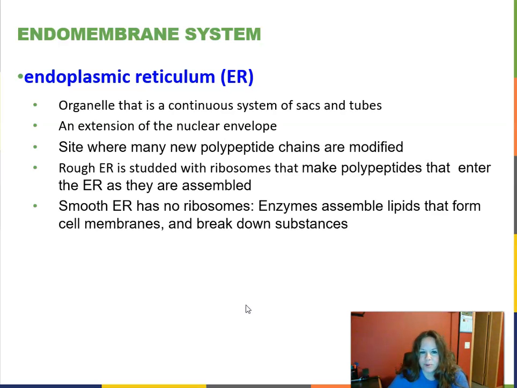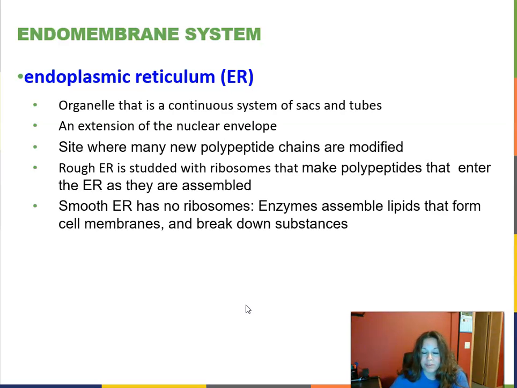All right, so along the ER you may find ribosomes. If that's the case, you call it rough ER. If you don't find ribosomes, then that's the smooth ER. All right, the rough ER, that's a big spot where proteins are made, or what we call polypeptide chains. That's before a protein is finished.